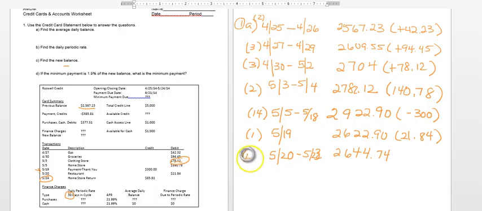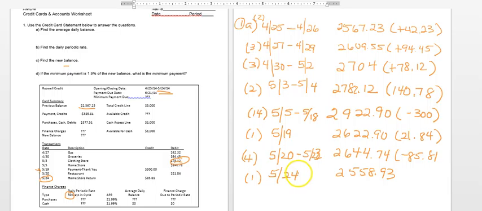So this is 4 days. On the 24th, I get a credit, so I subtract that amount from my balance, and that credit brings my balance to $2,508.93. Now this holds for 1 day, because the ending day on my period is the 24th. So I'm starting at 4/25 and going to 5/24.